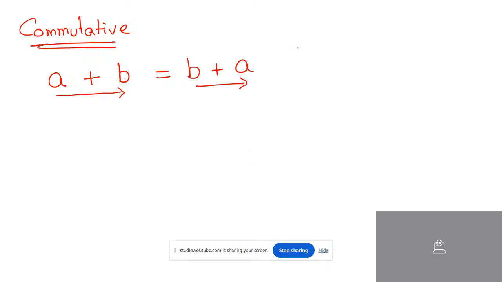Then the result will be same. So this is called as commutative property.